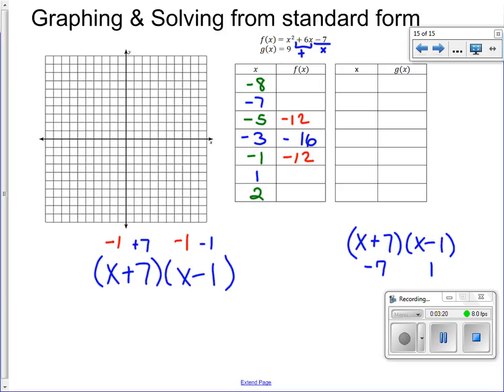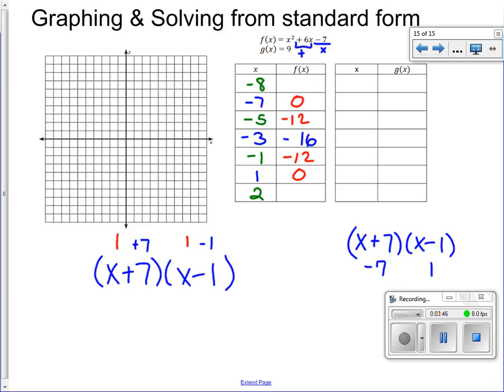You go ahead and plug in 1. 1 plus 7 is 8. 1 minus 1 is 0. And we expect that 8 times 0 will be 0 because those are our other critical points. That's where our x-intercepts are. X-intercepts always occur when the y value, the function value, is 0.